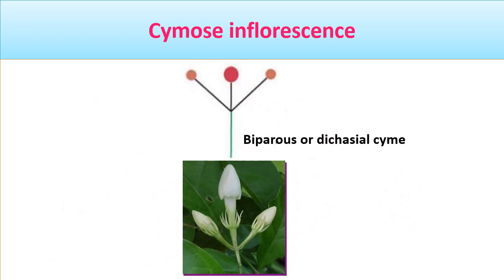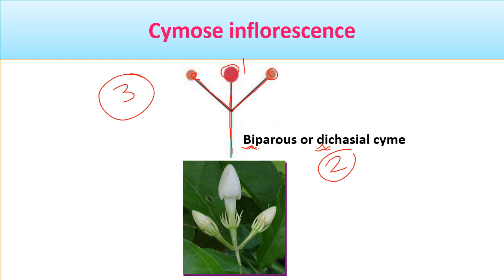This is the third type of cymose inflorescence. Here you can see the axis of inflorescence terminated with the flower, and laterally it has two flowers, hence it is called bi or di. Bi and di mean two lateral flowers.